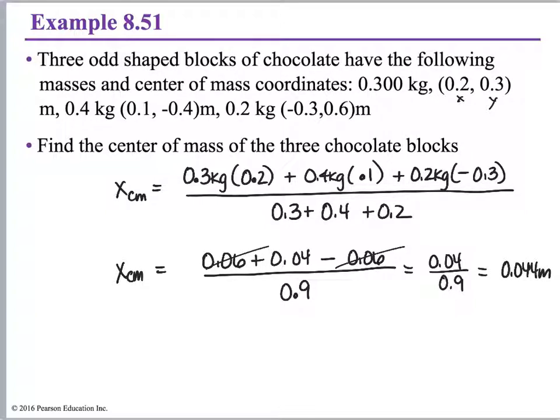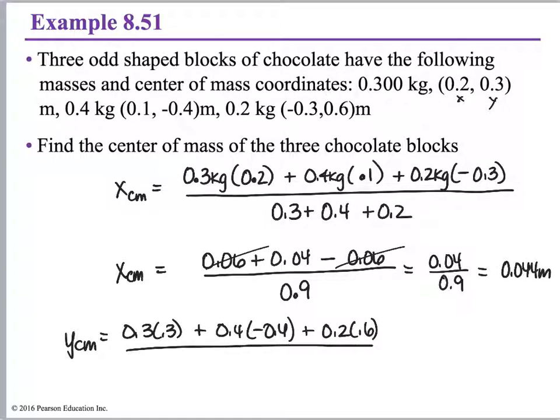I would do the Y center of mass similarly, taking the mass times the Y coordinate this time. I already know what the masses add up to be, so I'm not going to write them all out again.